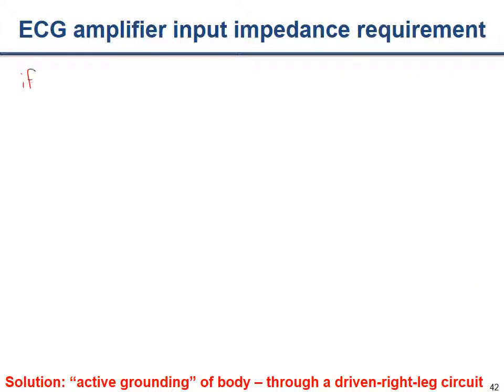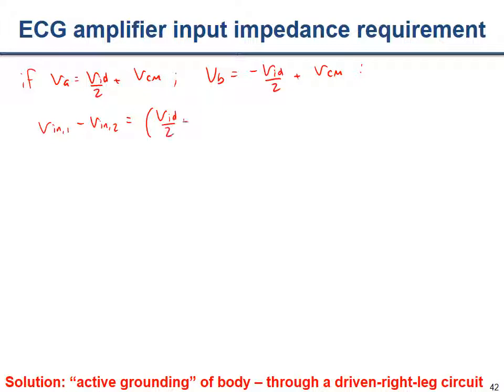Then if VA is equal to VID over 2 plus VCM, some common mode interference, and similarly VB is equal to minus VID over 2 plus some common mode interference, we can say that Vin1 minus Vin2 is equal to (VID over 2 plus VCM) times (1 minus R1 over Rin) minus (minus VID over 2 plus VCM) times (1 minus R2 over Rin).